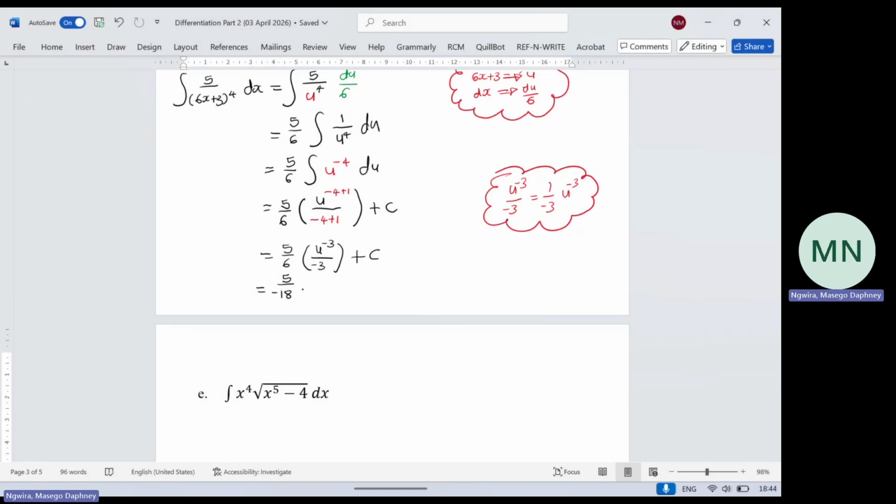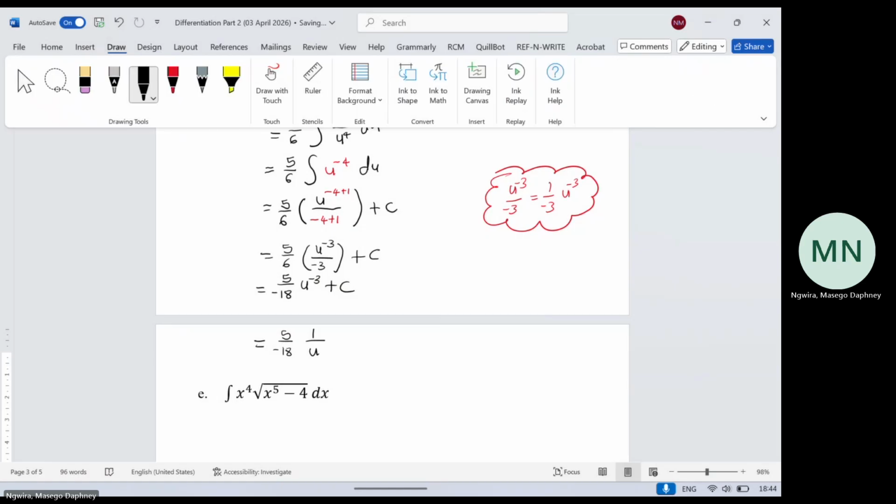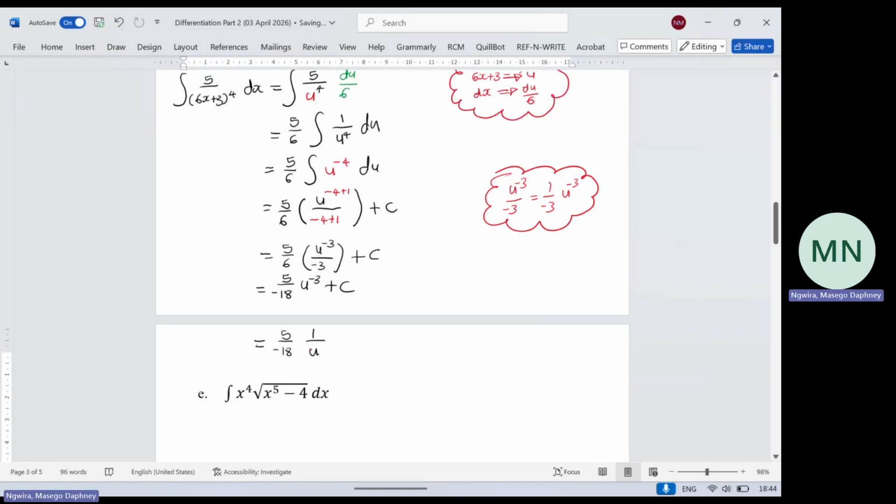Don't forget this is u to the power of negative 3, then plus c. We don't want our u to be negative, so this will be 5 over negative 18, and then 1 over u to the power of positive 3. Don't forget our plus c.